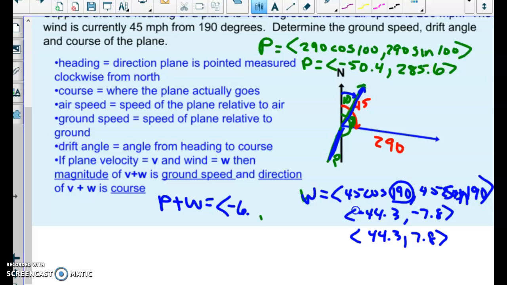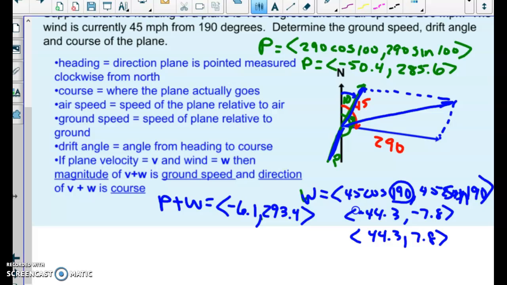negative 6.1 comma 293.4. So there's my resultant velocity. From that, let's draw this so you can see what's going on. Right there is my resultant.